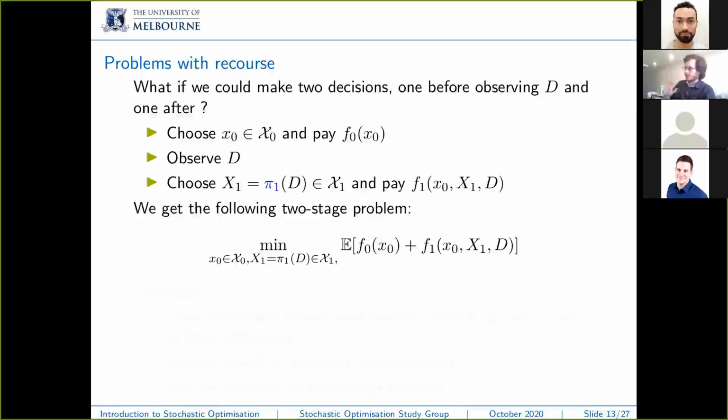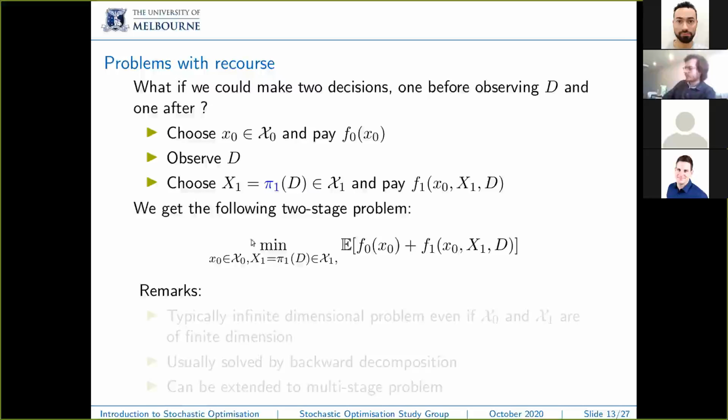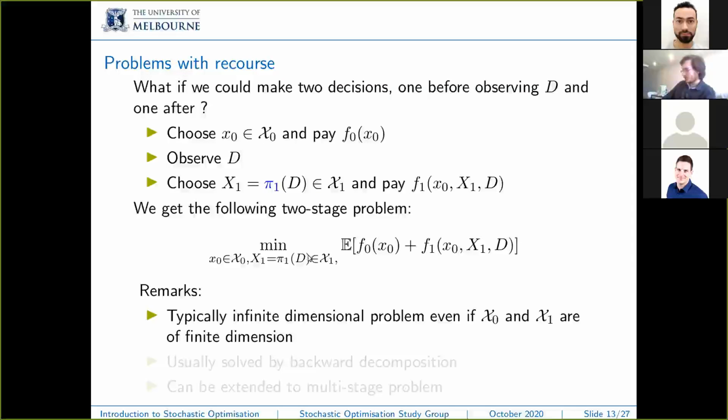So very important here for this type of problem: usually in the first step you have values of the set, and in the second step you have a function of this random variable. What's important is that even if these sets are finite dimensional, the problem will be infinite dimensional because you work on a set of random variables.